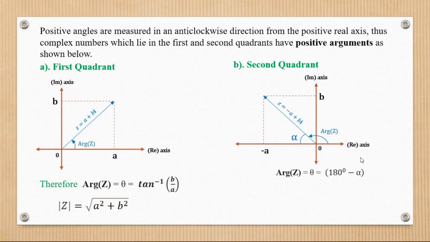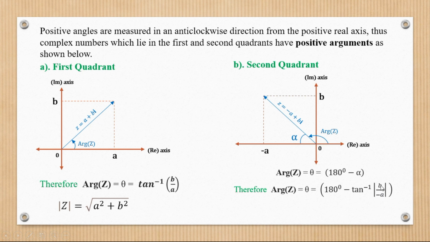Alright, so therefore we have that, and then now we can actually see that we'll actually have this. So now the value of alpha is tan inverse of b over modulus of negative a. But for this case, we're only going to use this negative here to simply represent the position of the real on the real axis, but we don't want that negative sign to affect our final answer, so that's why we'll put it in this modulus sign, because we want to make sure that the answer we get from here is positive.